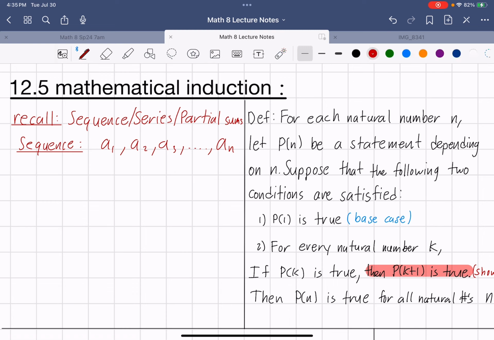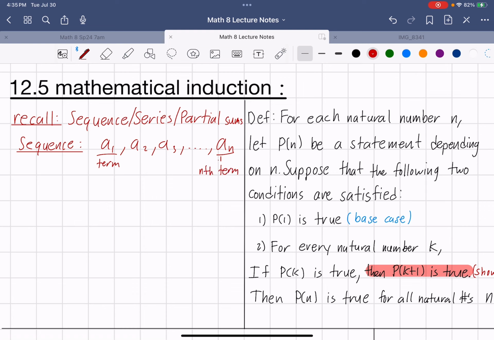Now each one of these, we call a term. So it's the first term, second term in the sequence. This last one, we usually call the nth term. Let me write that a little nicer. Nth term.